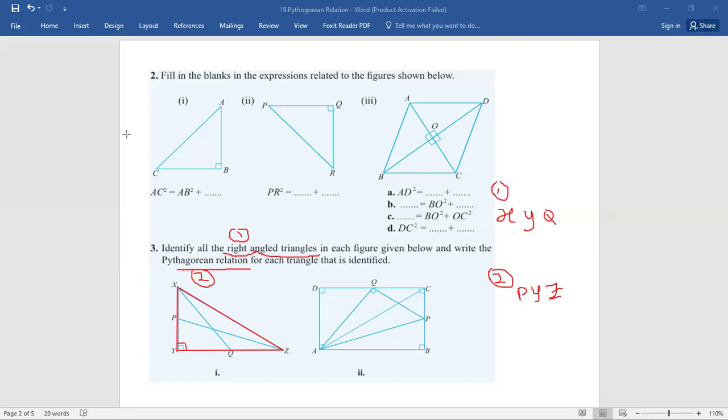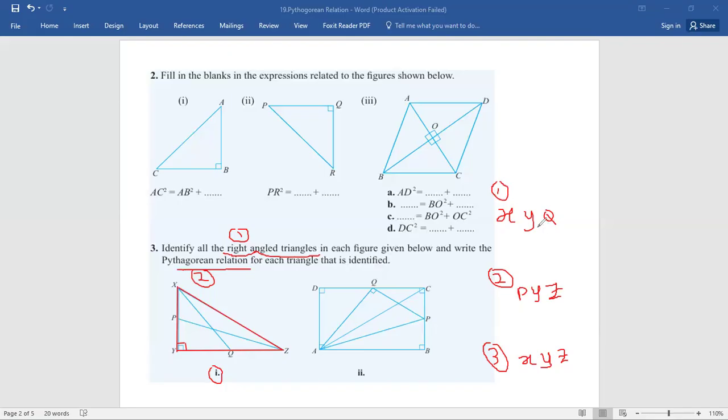So my third one is X, Y, Z. So these are my three right angle triangles I can find from the first picture, right?